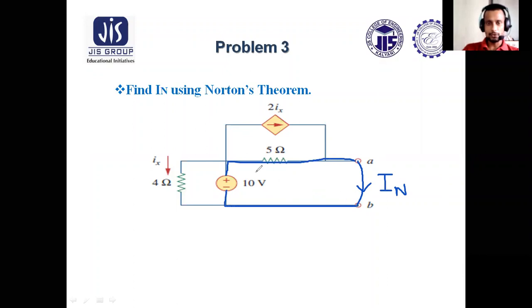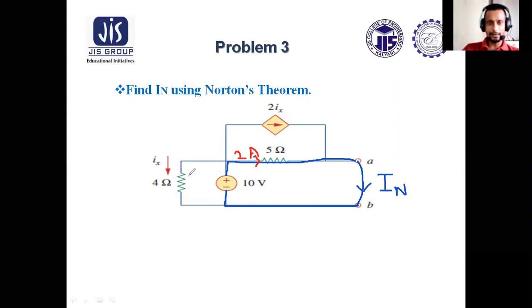Applying KVL in this loop, 10 minus 5i equals 0, so i equals 2 ampere.